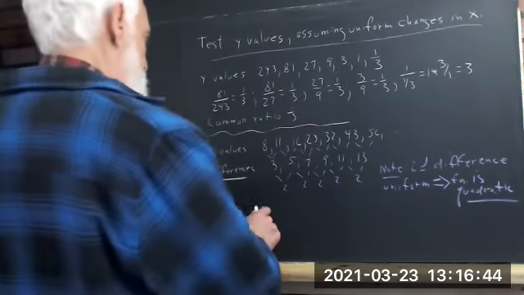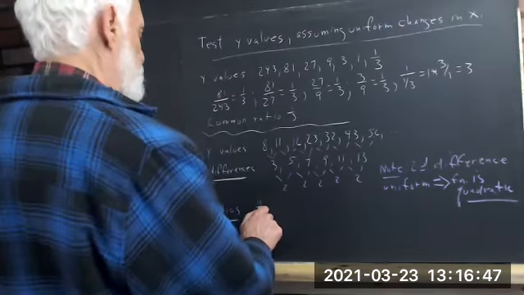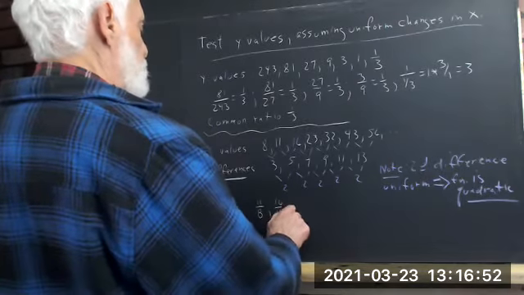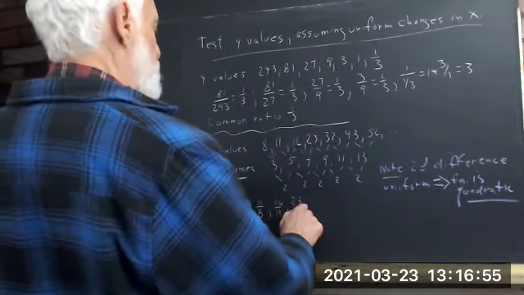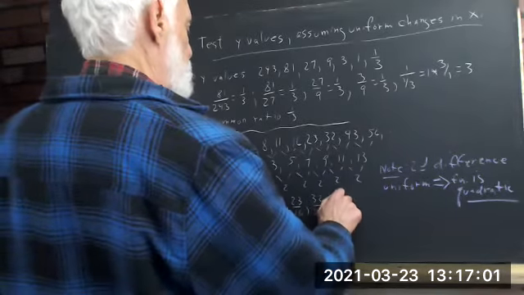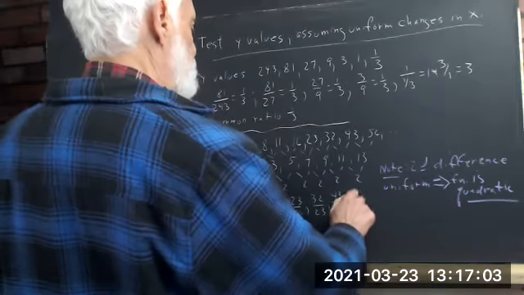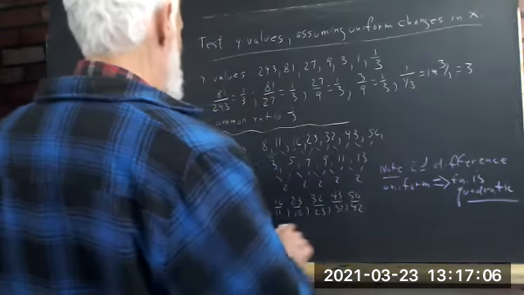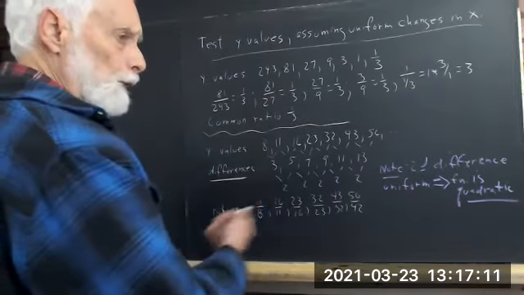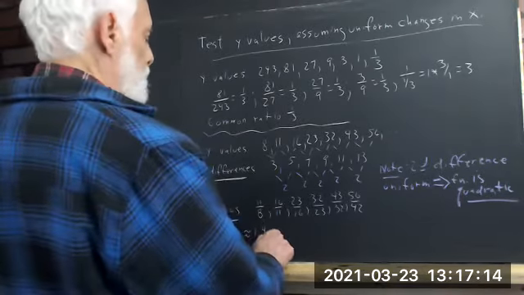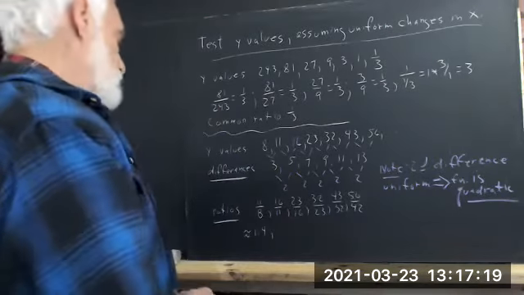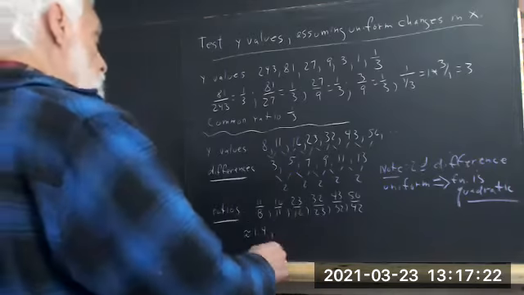The ratios are 11 over 8, 16 over 11, 23 over 16, 32 over 23, 43 over 32, 56 over 43. These are approximately equal to, that's 1.375. I'm just going to say about 1.4. This is 1 and 5/11. 11 goes into 5, 4, closer to 4.